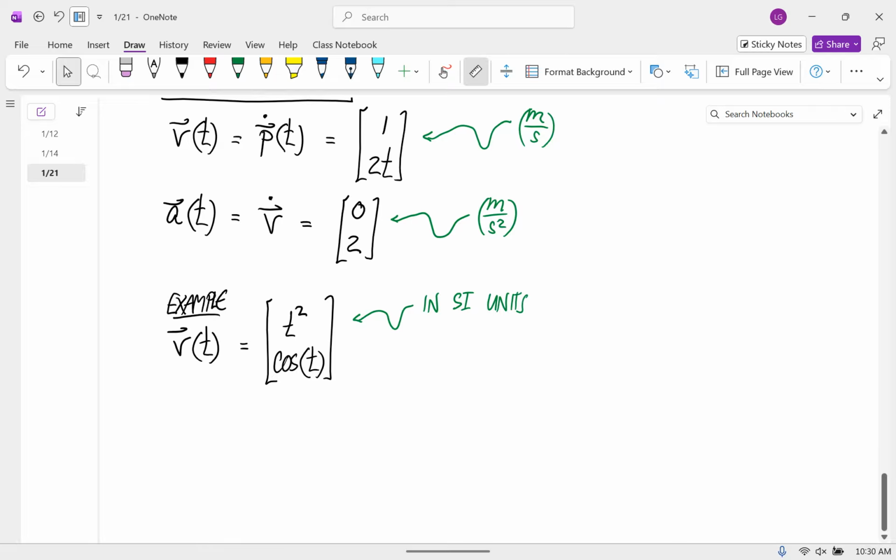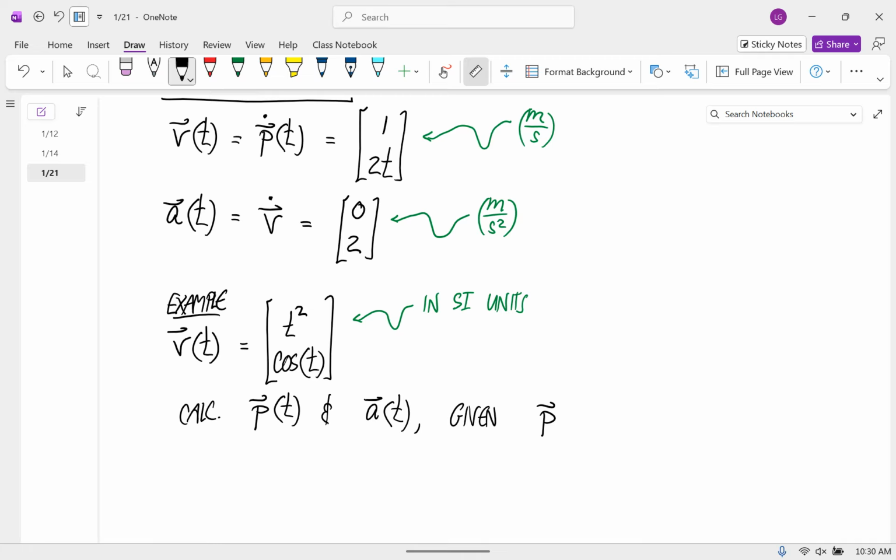And let's say that we want to calculate the position as a function of time and the acceleration as a function of time, given that the position at time 0 is equal to 0, 50. And that's in meters.